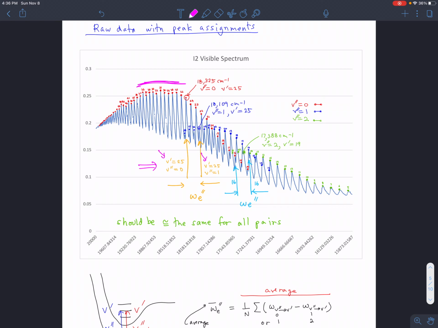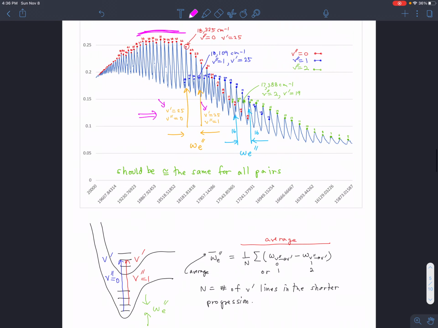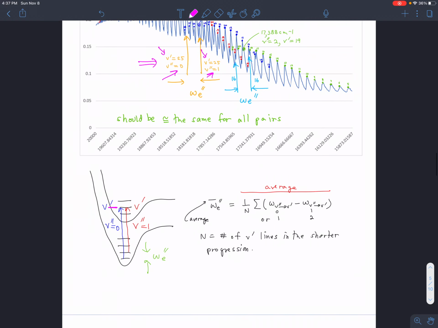peaks that have the same V prime value, the same value in the upper state, as shown here in the upper state, but are different by 1 in the ground state, as you can see down here.